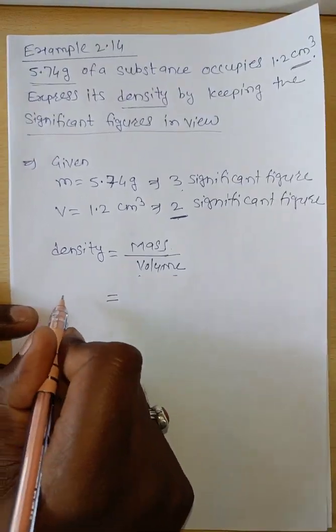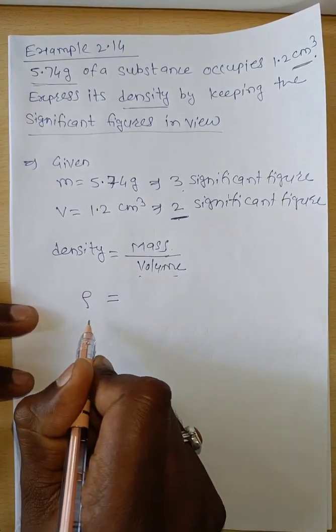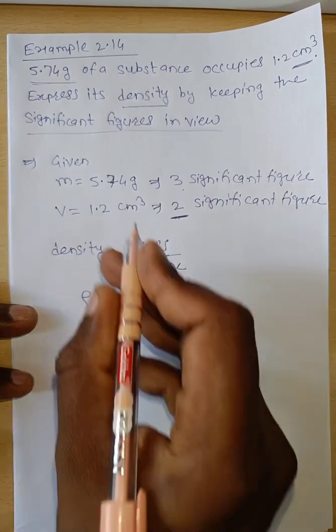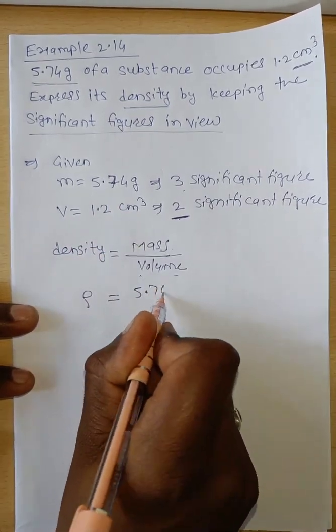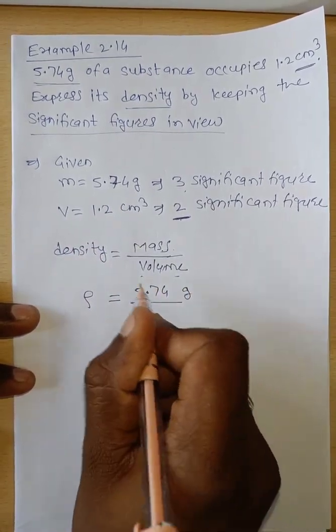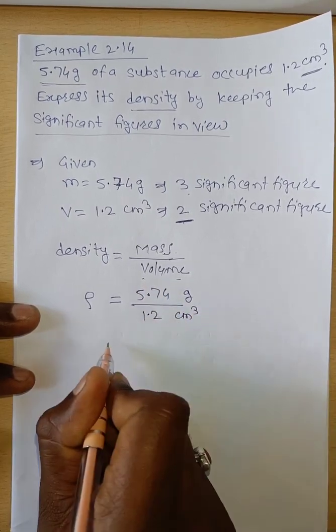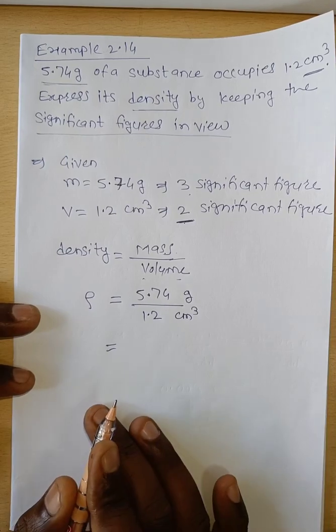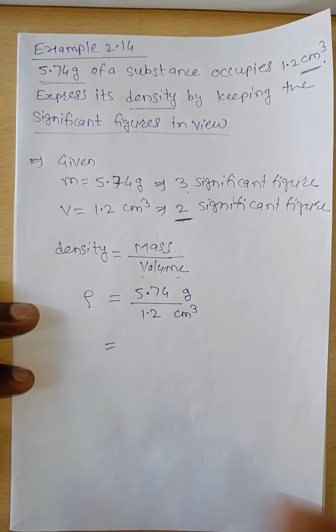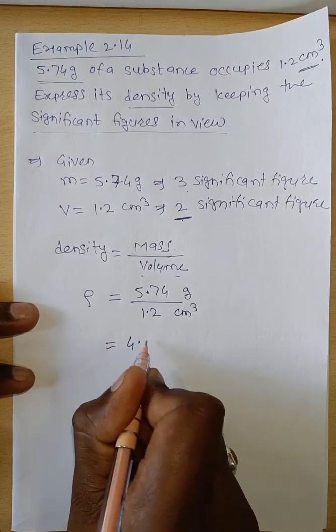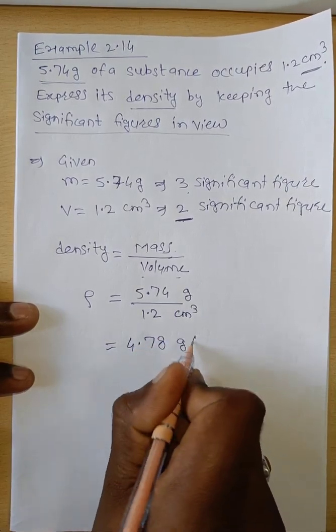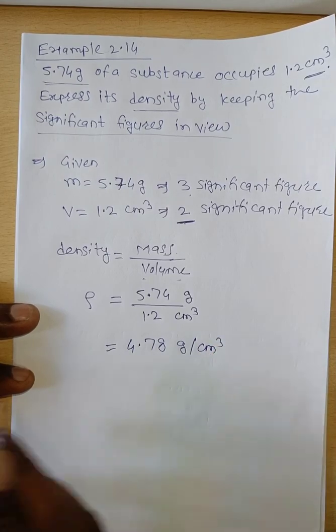Therefore, we have to find out the density. Density rho is equal to mass, which is 5.74 gram, divided by volume, 1.2 cubic centimeter. Then 5.74 divided by 1.2, we get 4.78 gram per cubic centimeter.